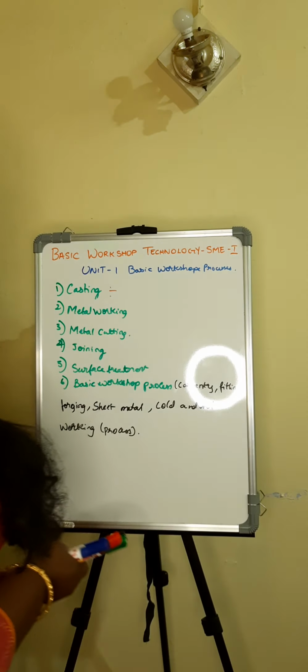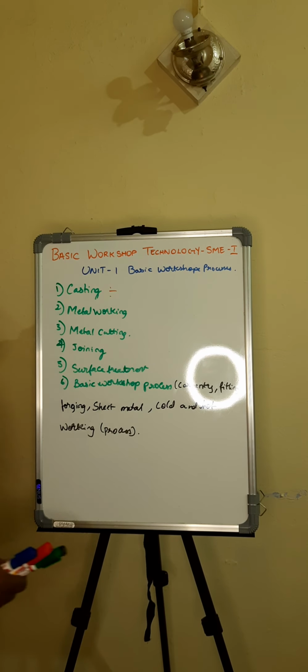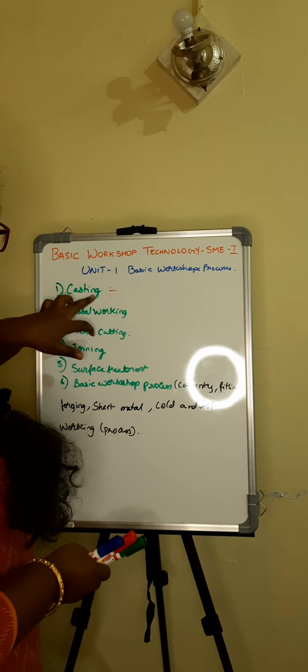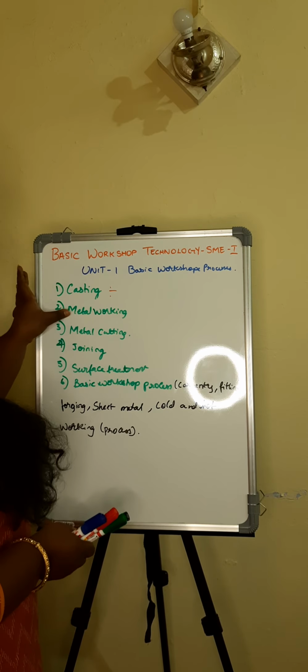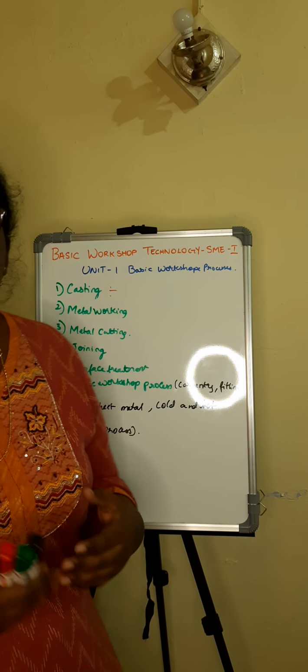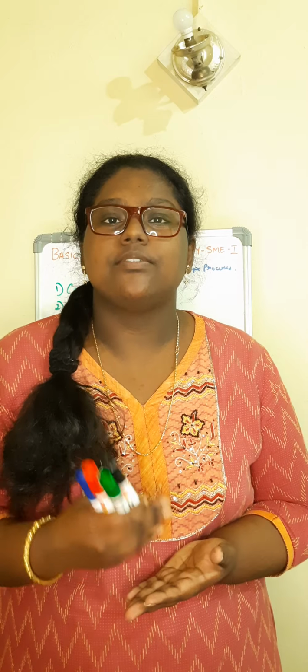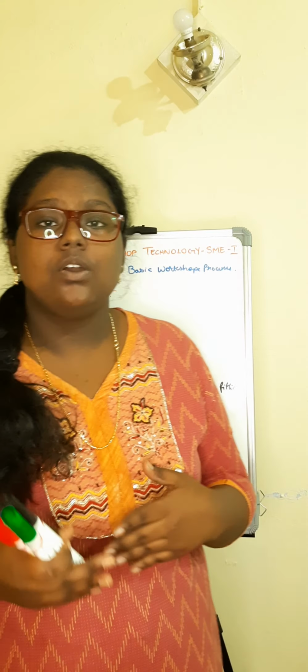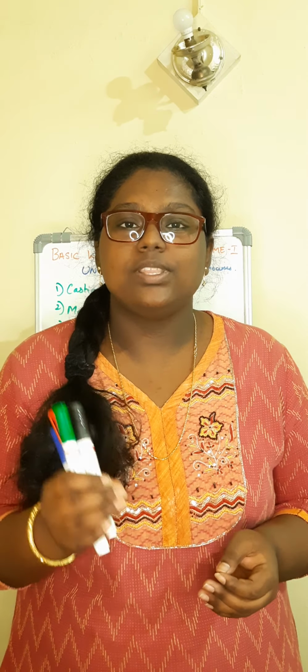After casting, let's talk about metal working. It deals with every process of basic workshop technology like carpentry, forging or any other process, and it deals only with metal sheet or molten metal.